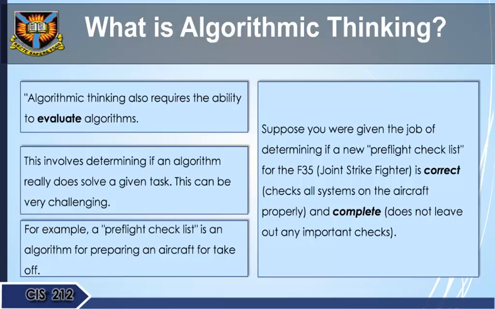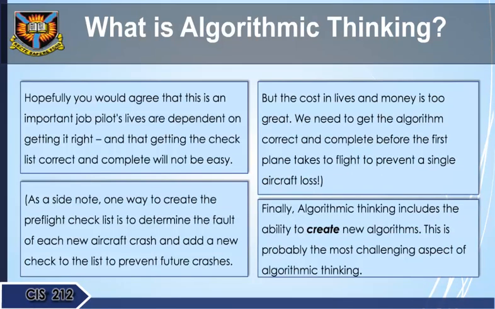Suppose you were given the job of determining if a new pre-flight checklist for the F-35 Joint Strike Fighter is correct. Checks all systems on the aircraft properly and complete. Does not leave out any important checks. Hopefully, you would agree that this is an important job. Pilots' lives are dependent on getting it right, and getting the checklist correct and complete will not be easy.